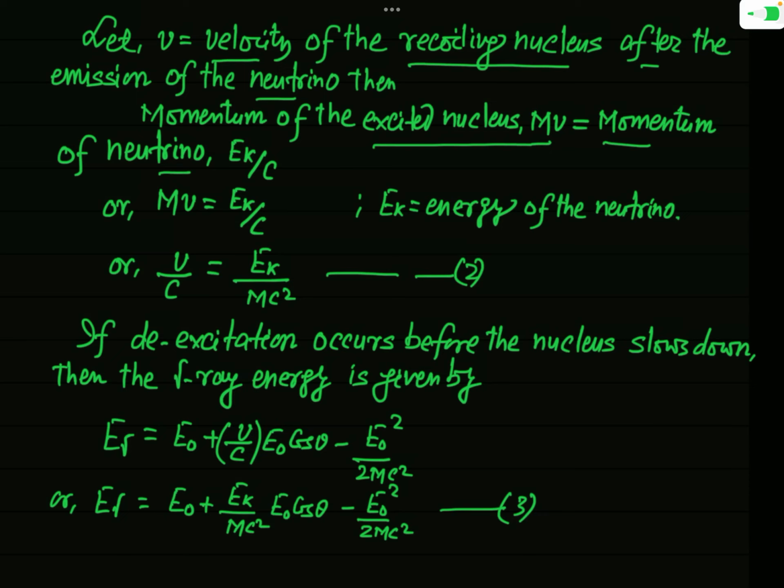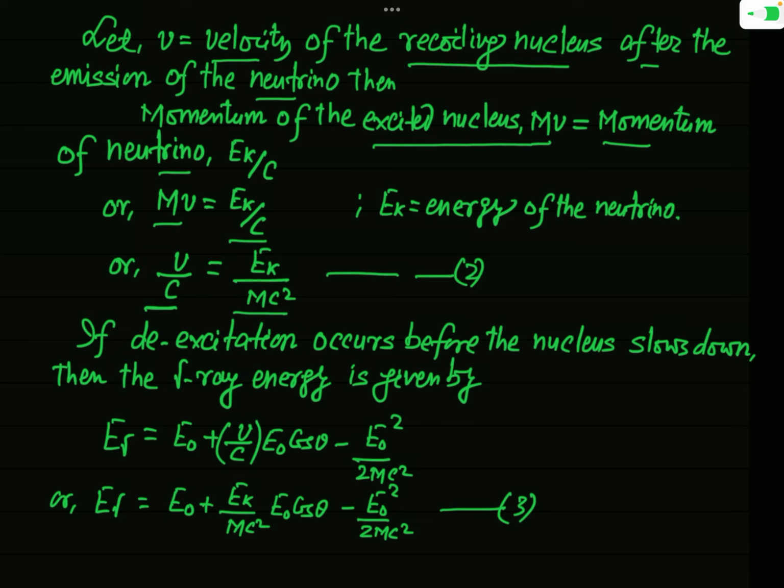So the magnitude of the momentum of excited nucleus and the magnitude of the momentum of neutrino must be equal, and direction should be opposite according to the principle of conservation of linear momentum. So you can say that mv is equal to Ek by c. This m is the mass of the daughter nucleus. And so from here you can see that v by c will be Ek divided by mc square. This value of v by c will be used in the further calculation, so I have calculated it here.